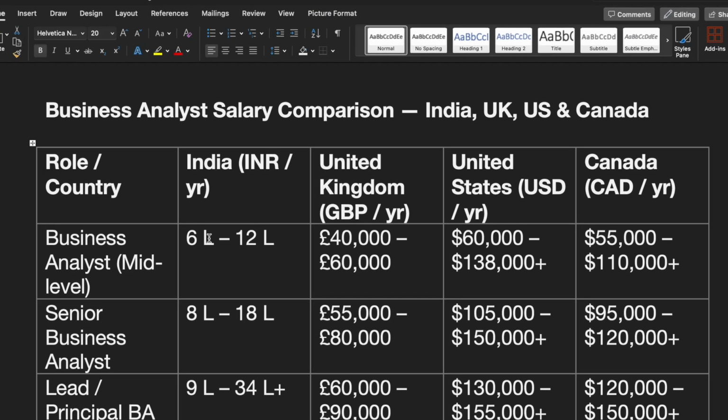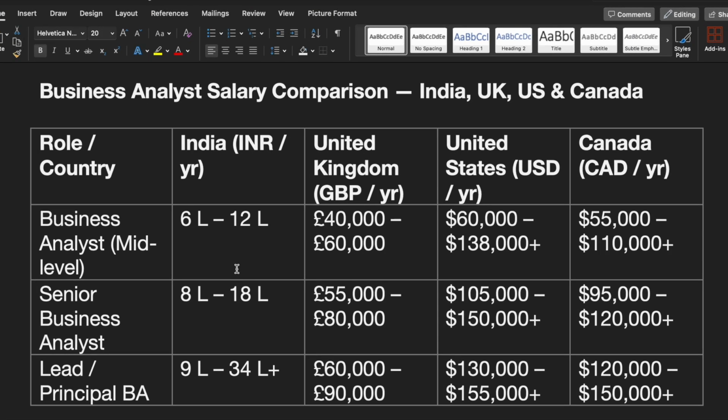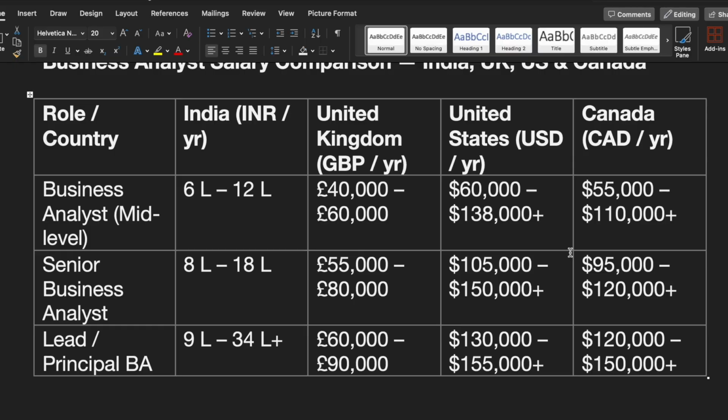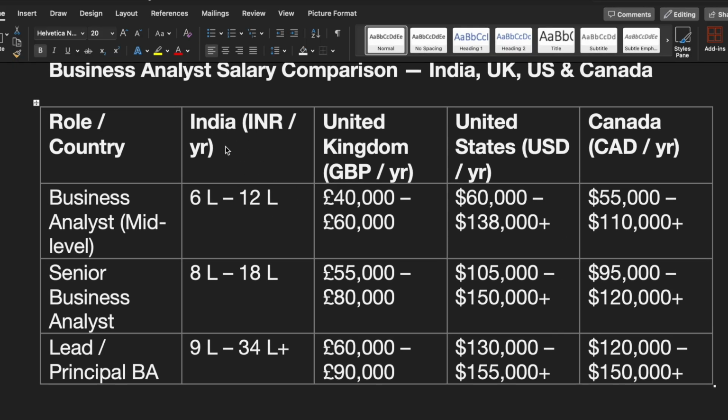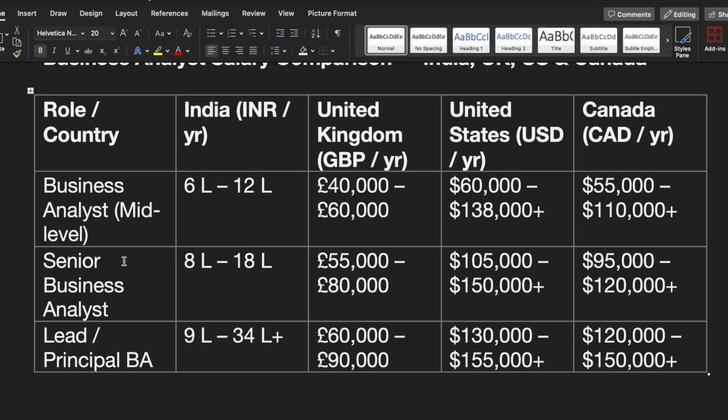If you already have some kind of domain knowledge, you can directly apply for senior business analyst. If you have never worked on any kind of job, you can start with business analyst, mid-level. Don't apply for junior positions. Just apply for business analyst, or try senior business analyst if you see 2 or 3 years of experience.